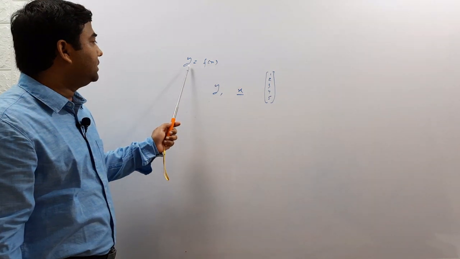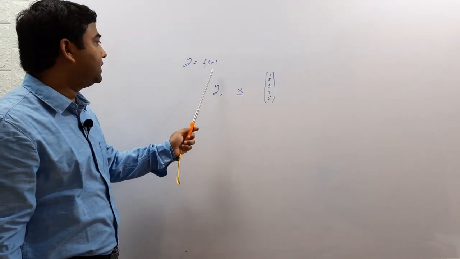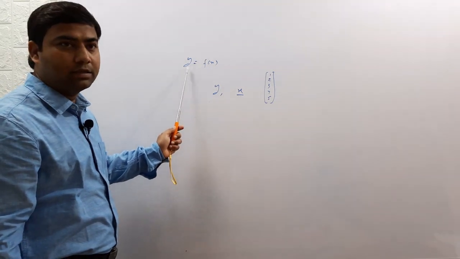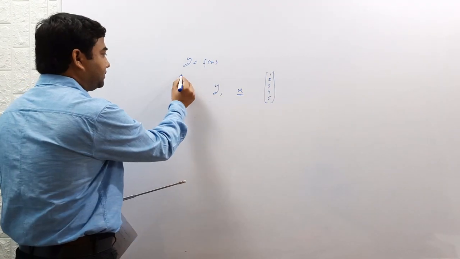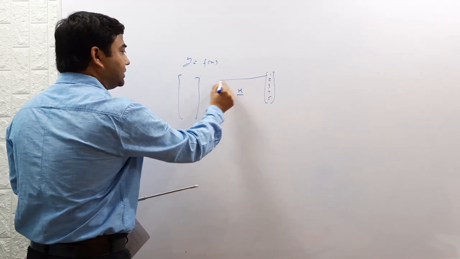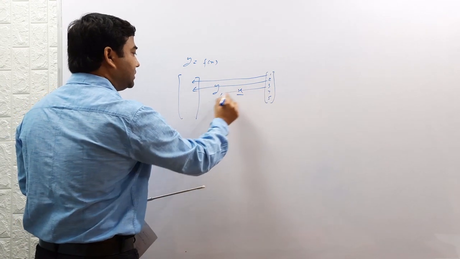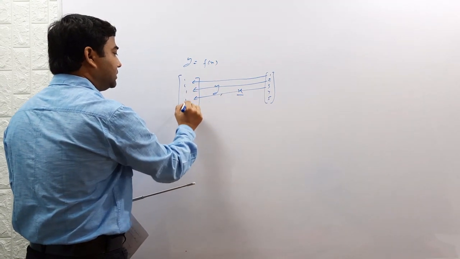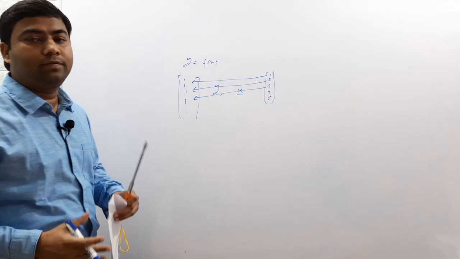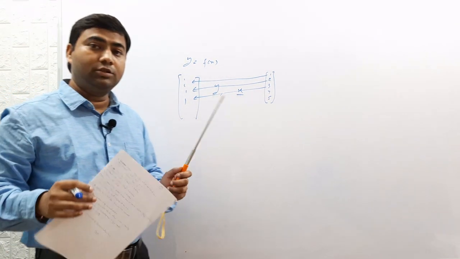Similarly, when we put these values of x in the function and get the values of y, we get the related set of values of y. For x equal to 1 we will have some value for y, then x equal to 2, x equal to 3. So this set of values of y is called the range of the function.